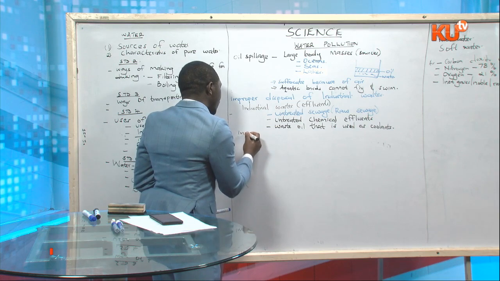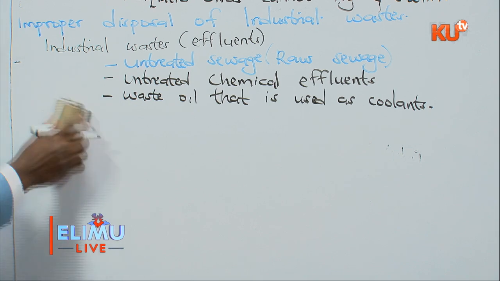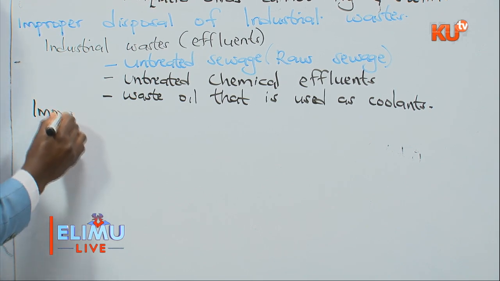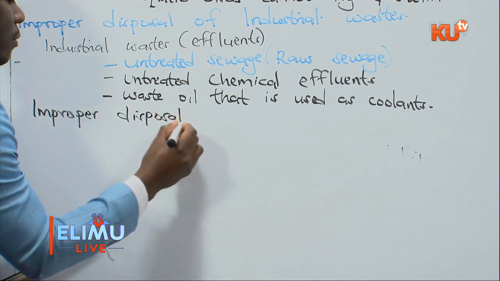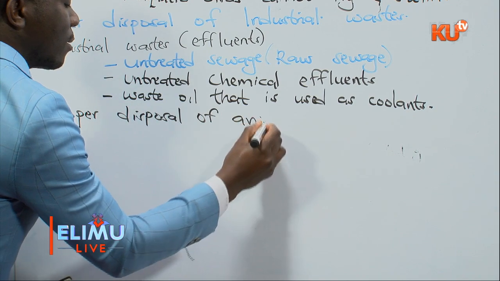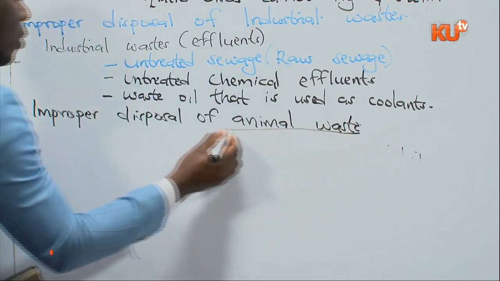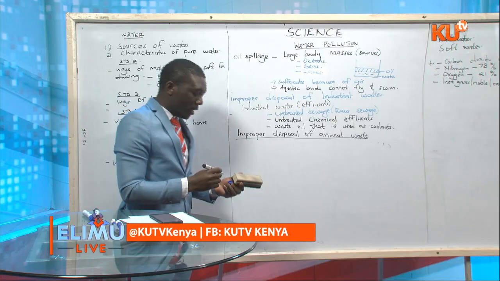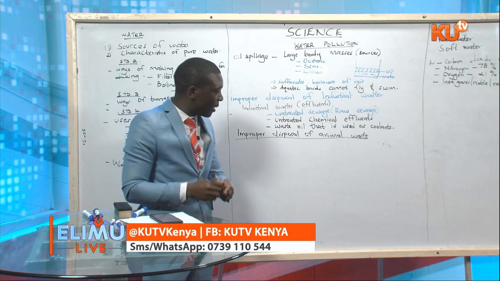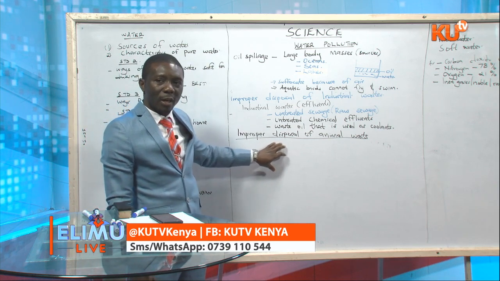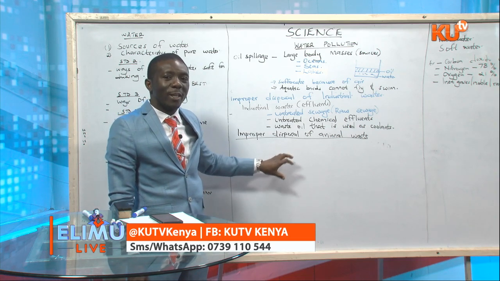When we don't dispose of it properly, like you release feces in water bodies, or animals go and graze near water sources, the feces and cow dung, the solid waste from animals, we call it excreta.